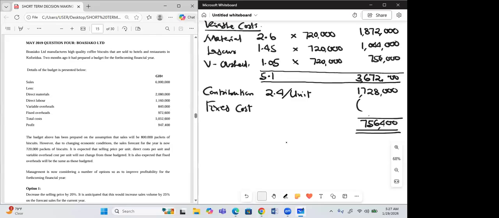It will be 755,400. So the profit becomes 755,400.